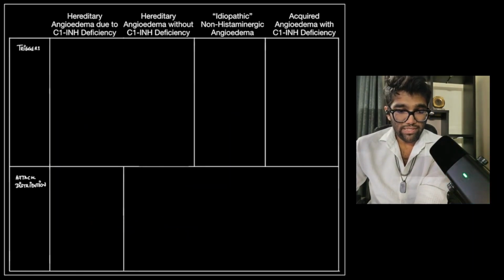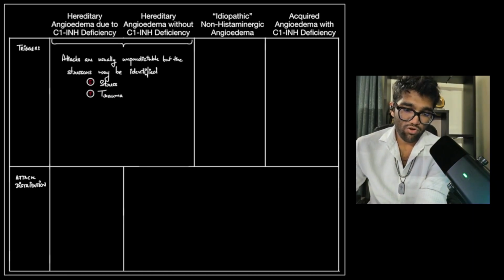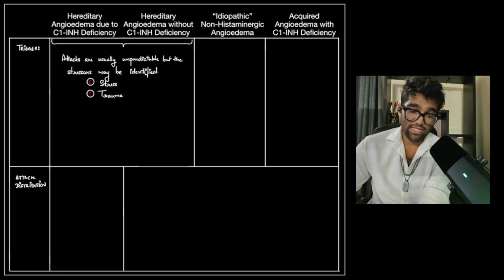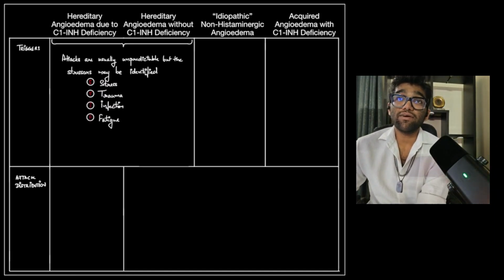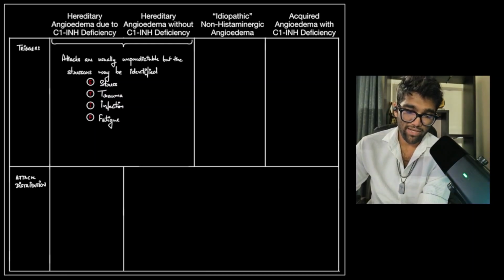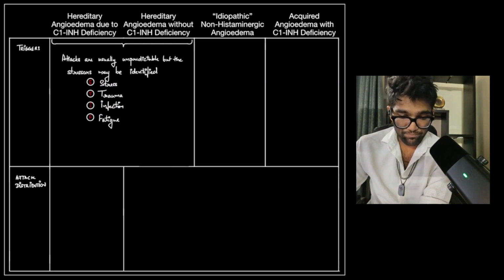Now, coming to the triggers. Hereditary angioedema due to C1-INH deficiency and without C1-INH deficiency is often triggered by stress, particularly trauma. It can also be triggered by infection, and anecdotally also by fatigue.